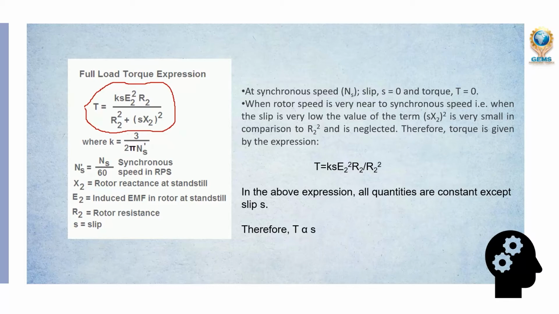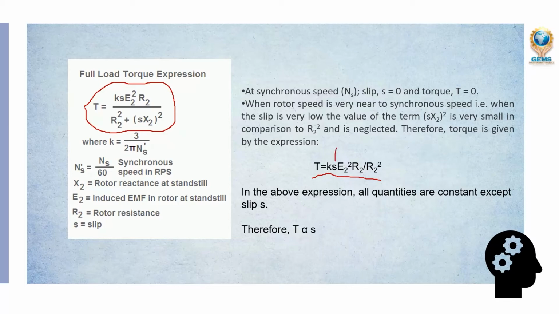So we will get the equation like this: T equal to K S E2 square R2 divided by R2 square. This term will be neglected. Now if you see the equation, only S is in the numerator.